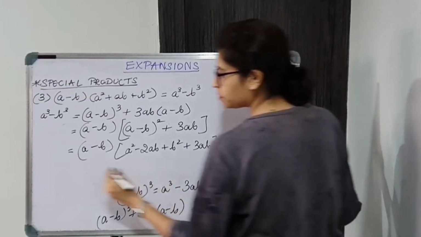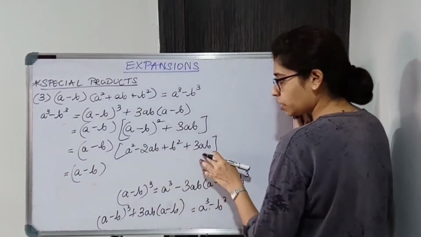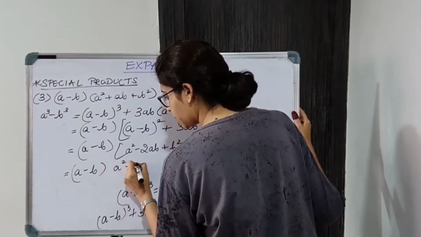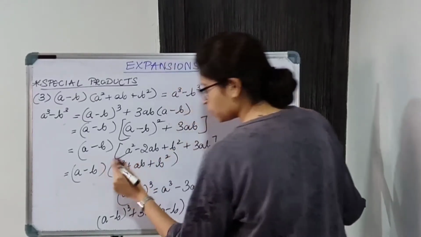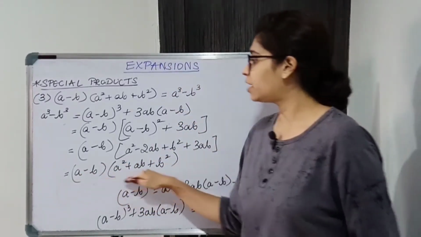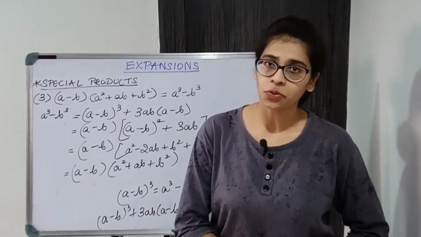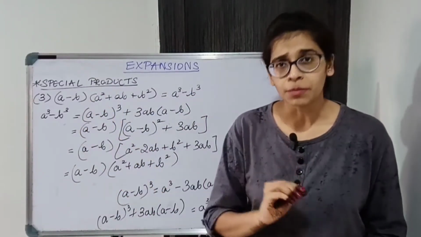So minus 2ab plus 3ab will give ab. So a square plus ab plus b square. Students, we arrived at LHS. So it's easy. Now you need to memorize this formula, so please memorize this.